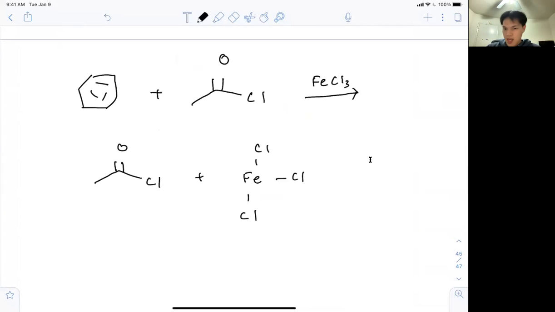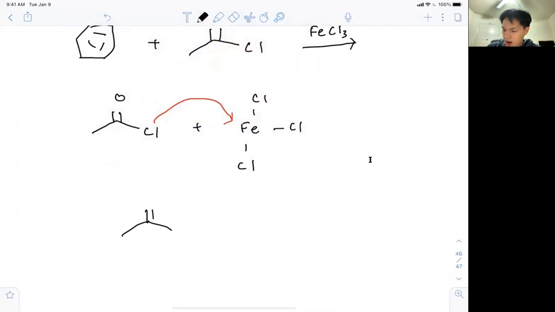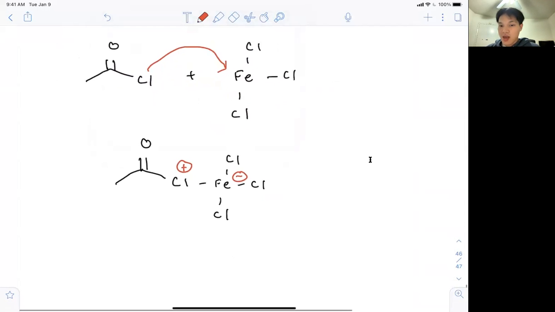So what's going to happen is that this chlorine will attack the iron, which makes a weird compound, ClFeCl. This chlorine is positively charged. This iron is negatively charged, which means it's a good leaving group.